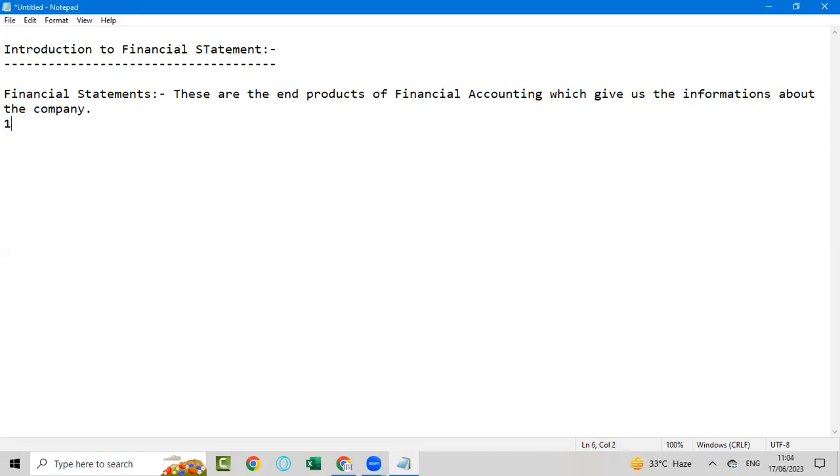So we have income statements. Then we have balance sheet. Third, we have cash flow statement. Fourth is statement of change in equity.